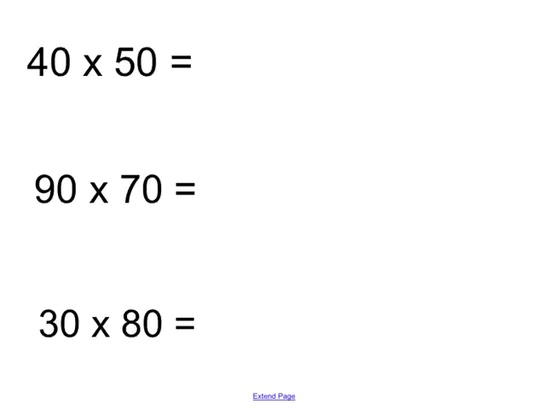So we have 40 times 50, and both factors are multiples of 10, okay? And so is 90 and 70, and so is 30 and 80. So we're going to start with 40 times 50, and we are going to underline the basic fact, which is 4 times 5. 4 times 5 is 20.